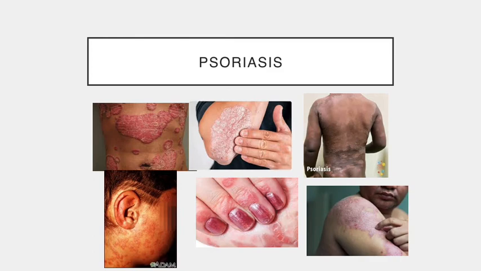In total, psoriasis affects about 7.5 million people in the United States, and the vast majority, about 80%, is plaque psoriasis. It usually begins in adolescents, and it's seen in young adults and, of course, in older adults.